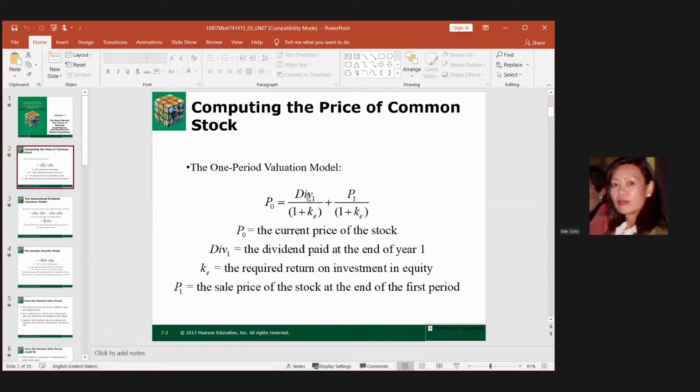So it's okay, it does not change that much. But P1, you really have to anticipate. What's the price you can sell? Let's say you buy Apple stock at 120 today. You expect that 1 year later, next year March, you can sell at 200. Are you sure? What I'm trying to say here is, assuming you do the homework, you can forecast that you'll be able to sell at that P1 price.